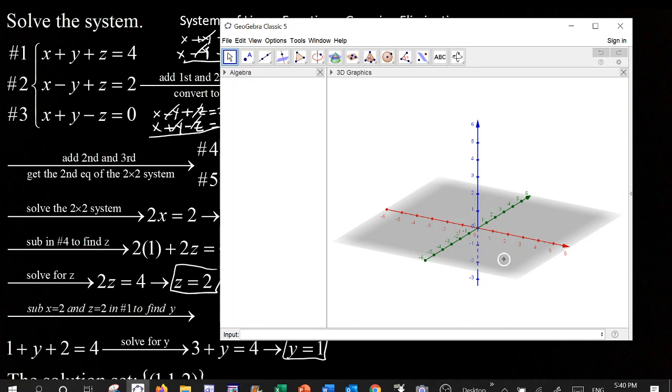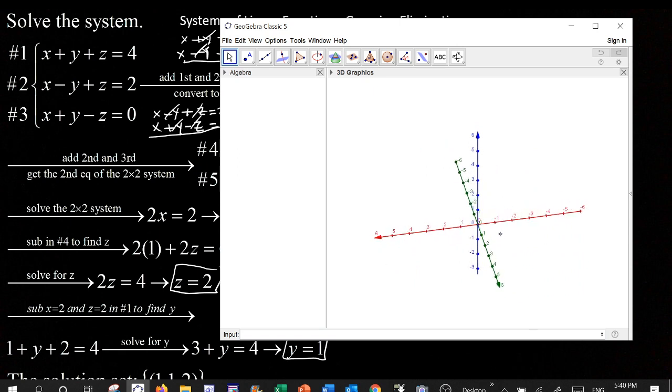I'm also going to get rid of that plane. So this coordinate system actually has 3 axes. The red one is x, the green one is y, and the blue one is z.